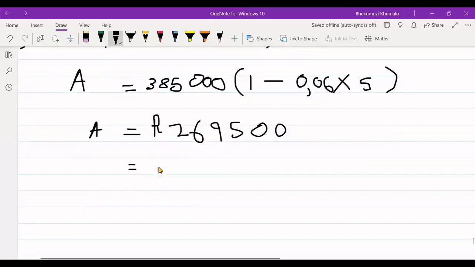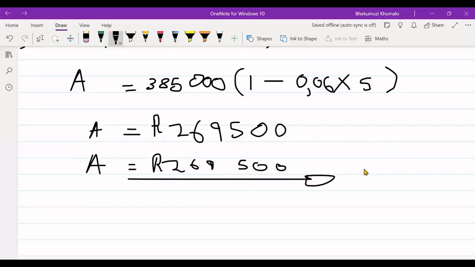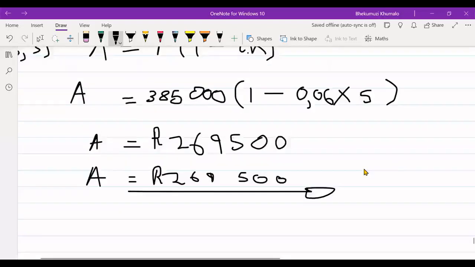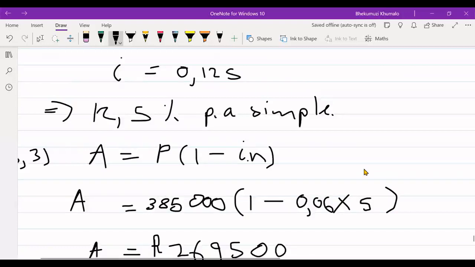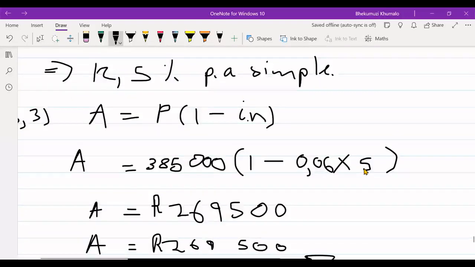So that is 269,500 rands. So that's how much money this particular item has lost over the 5 years. So over the 5 years, it has decreased to that amount, right?